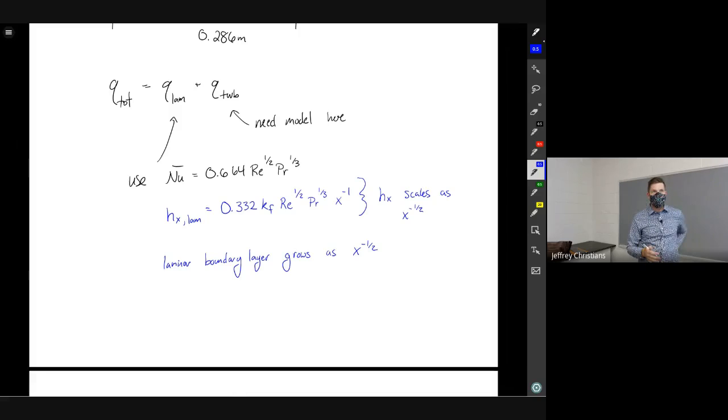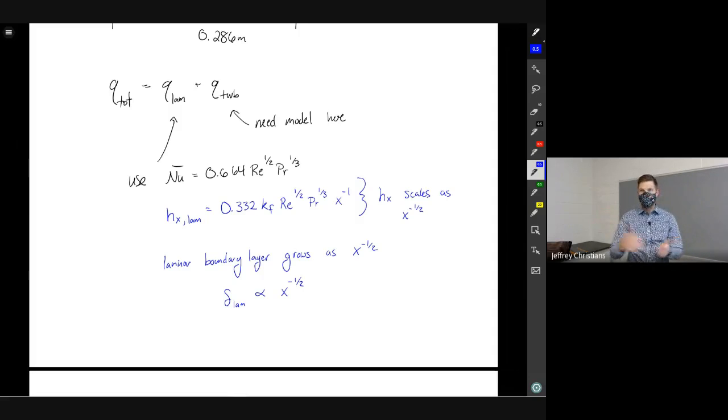And if we remember watching that video of the boundary layer growing as the flow goes over the plate, we said that this boundary layer ended up being proportional to x to the minus 1/2.